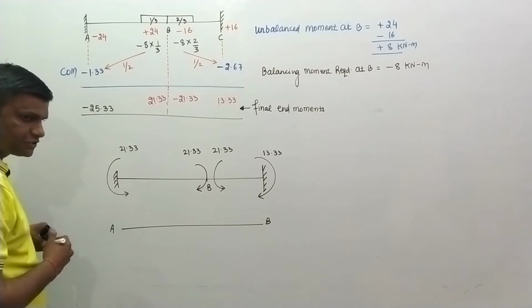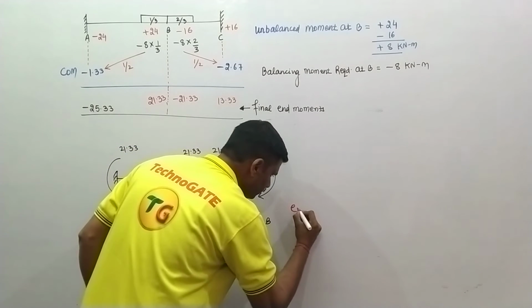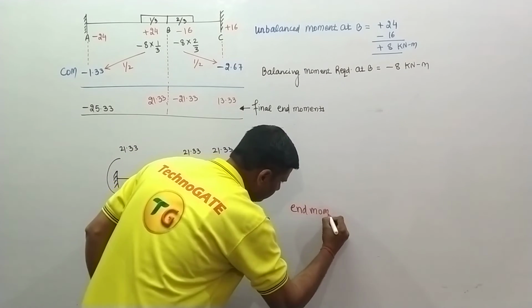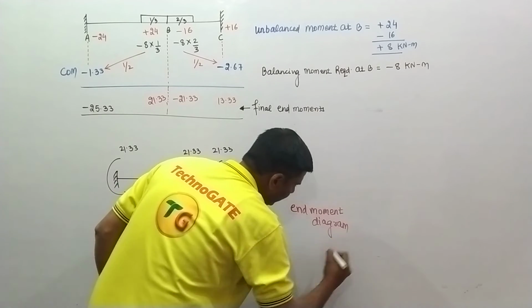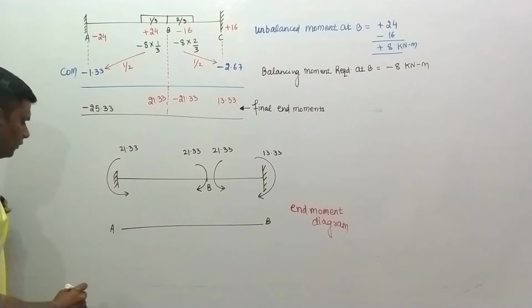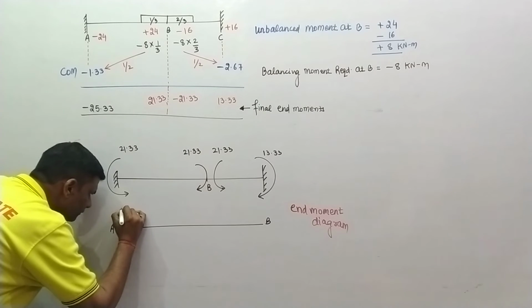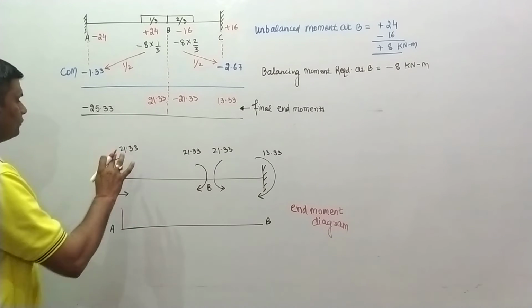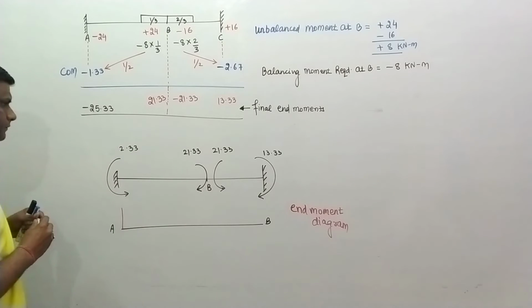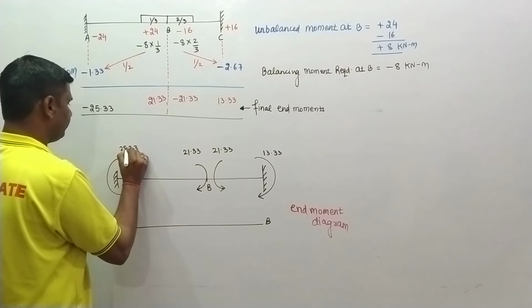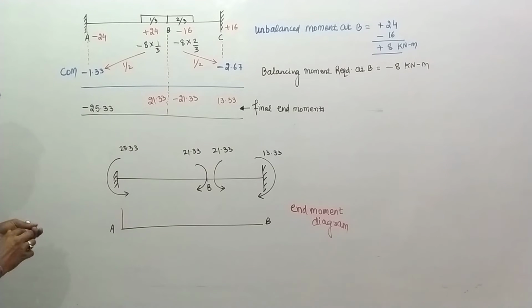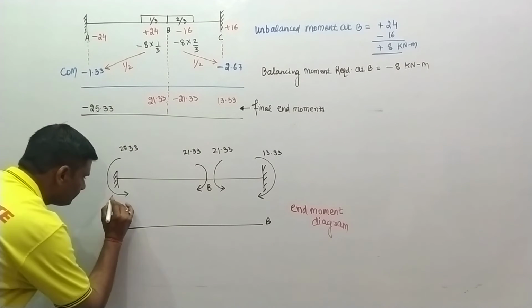For plotting purposes, this is our end moment diagram. So here negative value is there, this value is 25.33, this value is 25.33, okay.